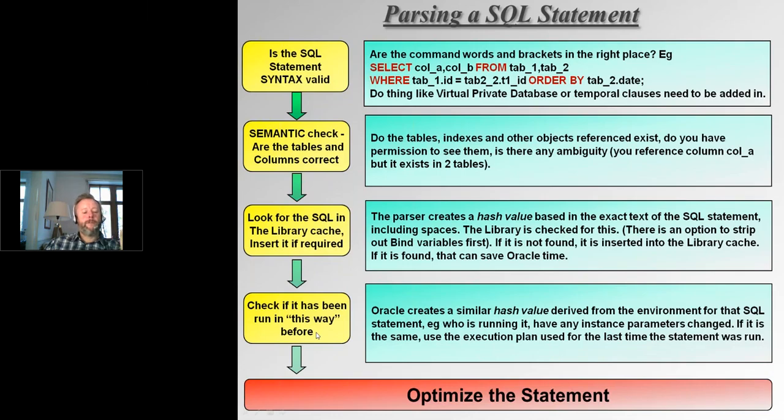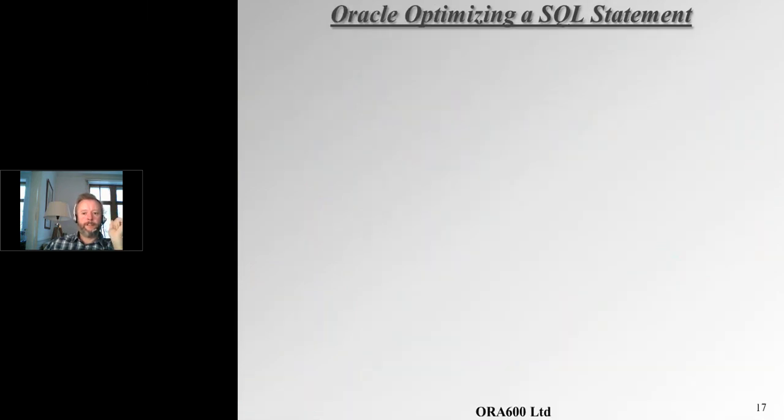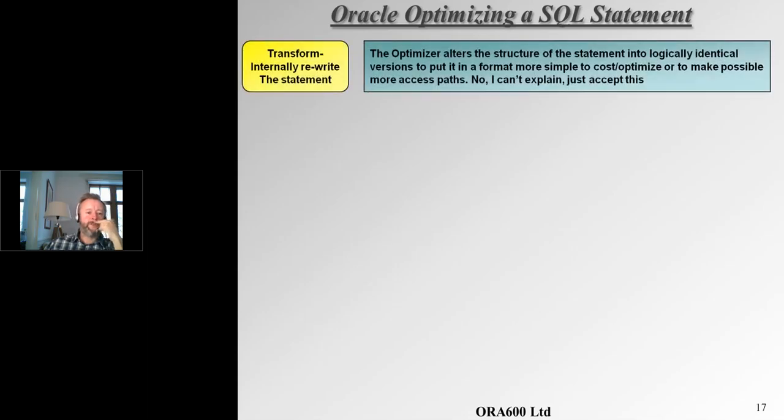So hopefully now Oracle has a SQL statement that it understands, maybe it's seen before, and it can parse and optimize it. What does Oracle do when it optimizes a SQL statement? First of all, it rewrites it for you. It transforms it internally into different layouts that may or may not be more efficient.